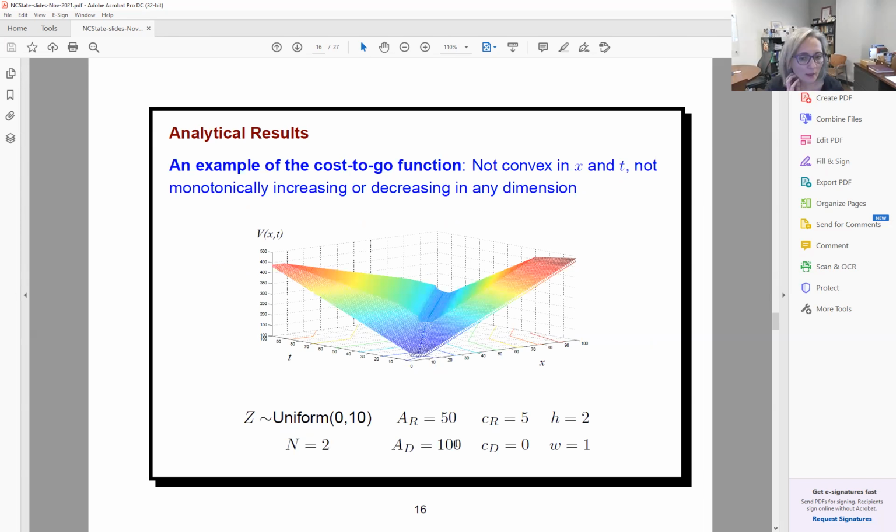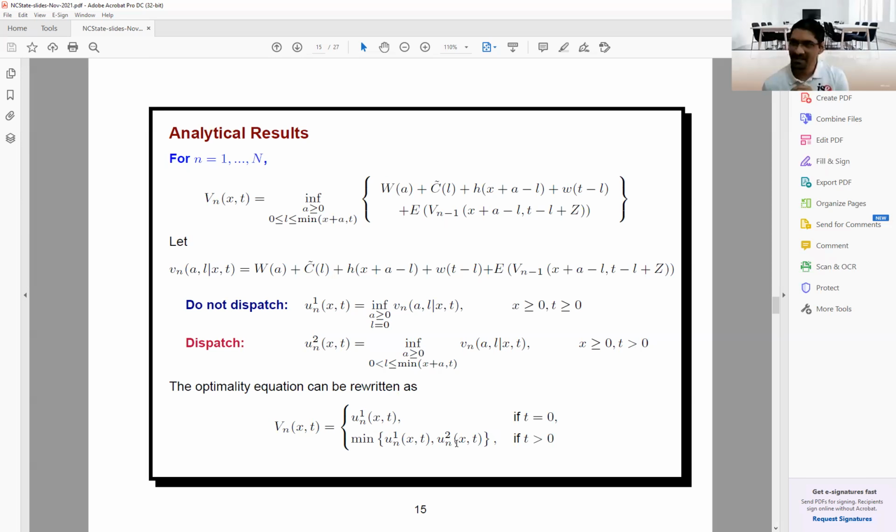Okay. Ma'am, a quick question. Yes, go ahead. Okay, so here, whether it is do not dispatch or dispatch, I understand how the decomposition is done. But the question here is, even if L is equal to 0 or greater than 0, we are still yet to find the optimal value for A, right? So in that case, of course, we are just trying to characterize the cost function a little bit, simplify the cost function a little bit from this form at the top to this form.